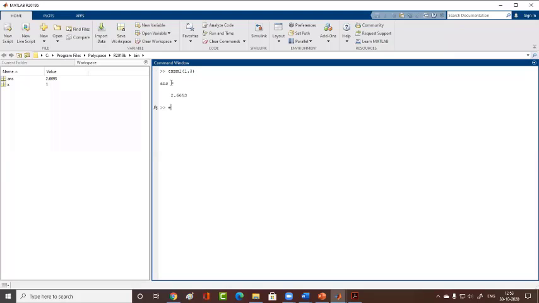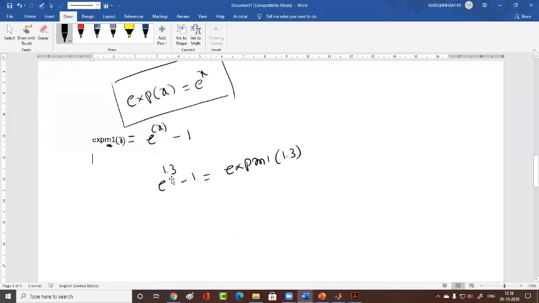Okay, exp of 1.3 minus 1, so you will get the same value. Instead of writing all these things, simply we can use expm1, which is nothing but e power x minus 1, not in the power. Okay, this is another basic function.